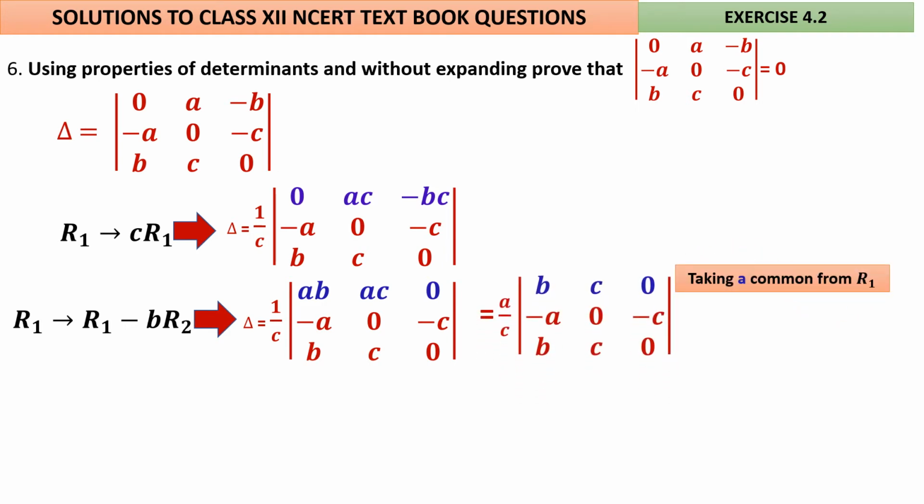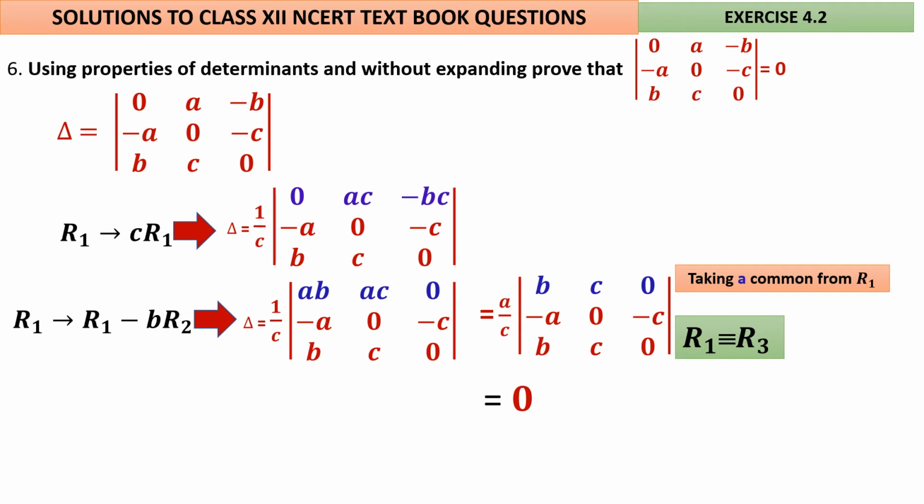Taking A common from R1, outside already 1 by C is there, therefore it will become A by C now. You get B, C, 0. I think now you got the idea. The first row and the third row are identical. Therefore, I got it as 0. Remember that when you multiply any row by a constant number, the value of the determinant will be multiplied by that constant.